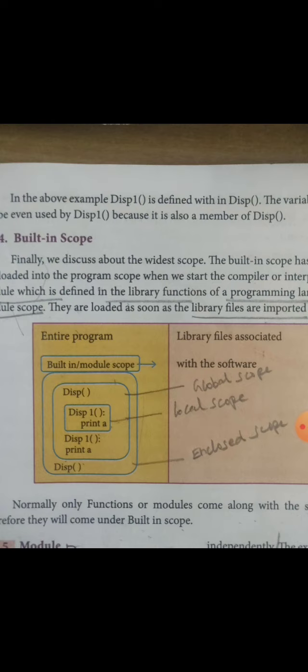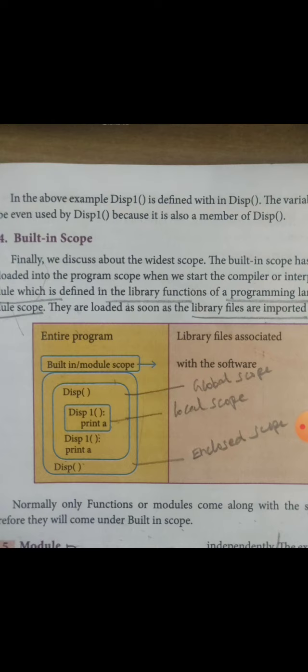In this picture, the entire program is given. The built-in or module function is given first, then after that a display one box is there, that is enclosed scope. In that the display function is there. Again one more box is inside, global scope, that is display, and below that the local scope box with display 1 and print a is given.